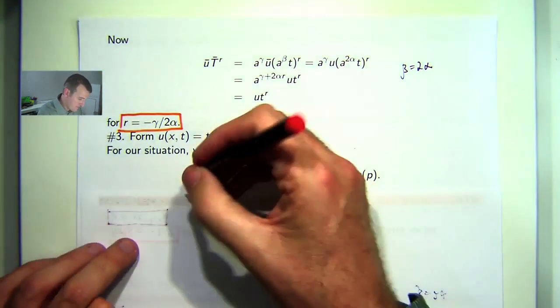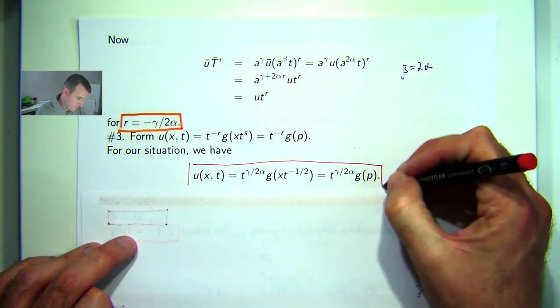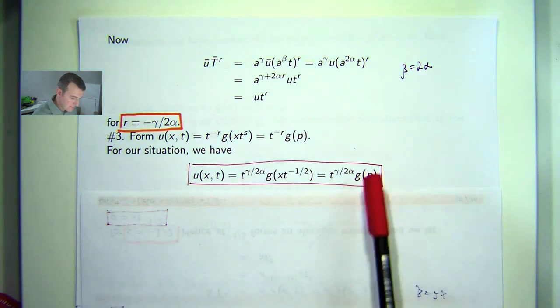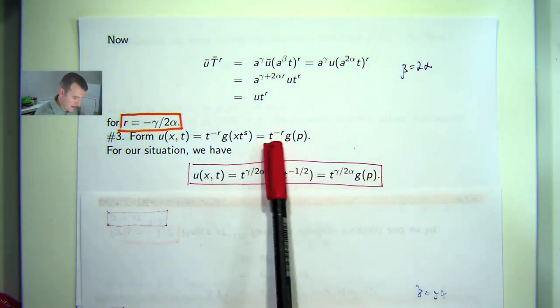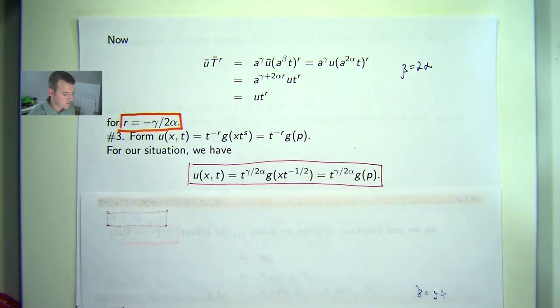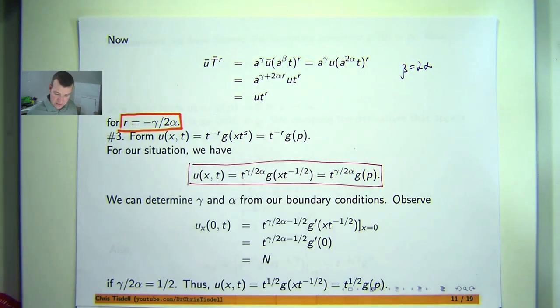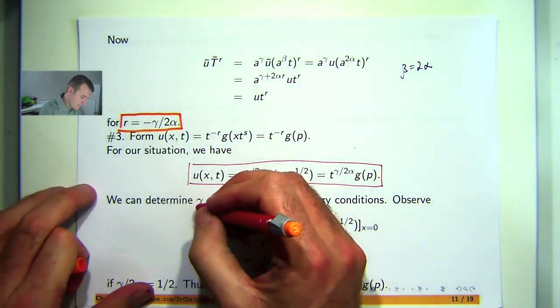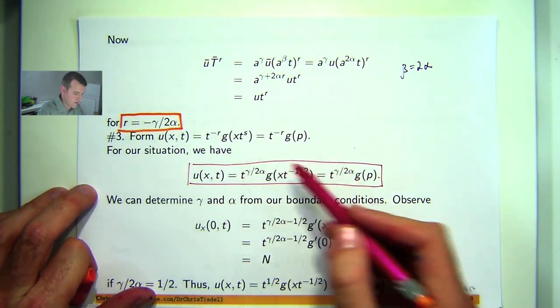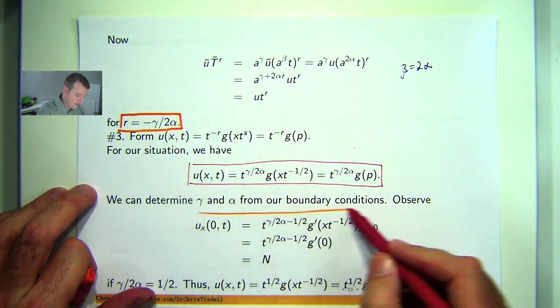So this is our form of solution with R equals this and with S equals negative 1/2. That's as far as we can go at the moment. But, like I said, we can determine gamma and alpha, or essentially just this ratio really, from the boundary conditions.